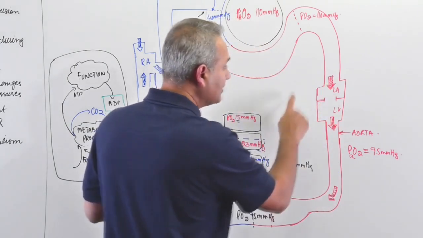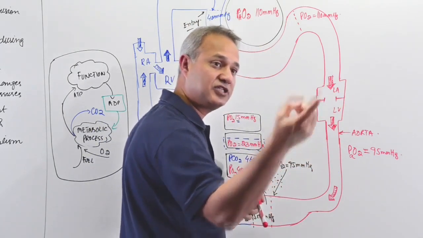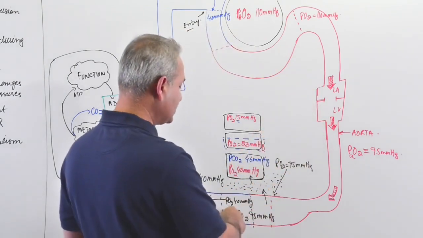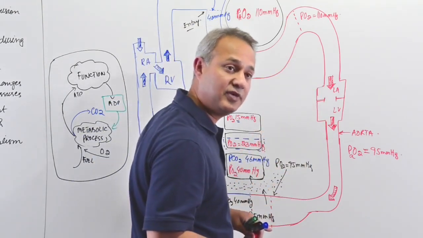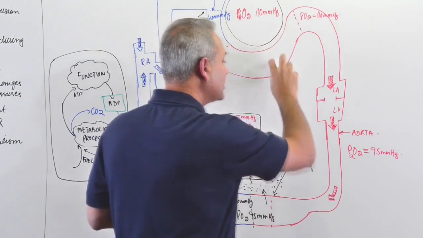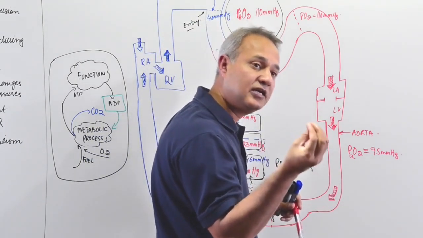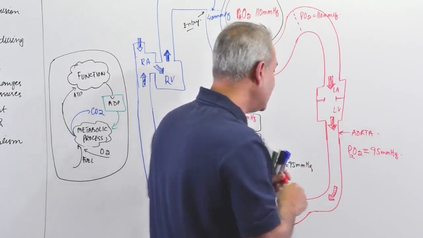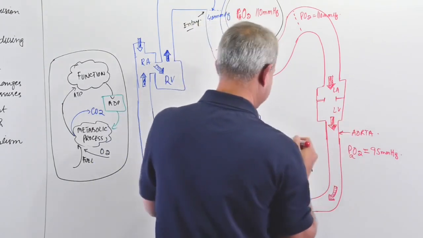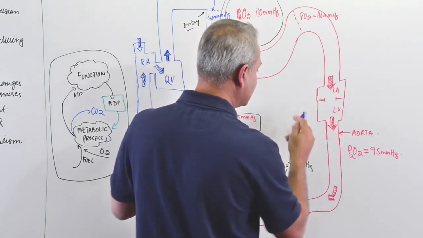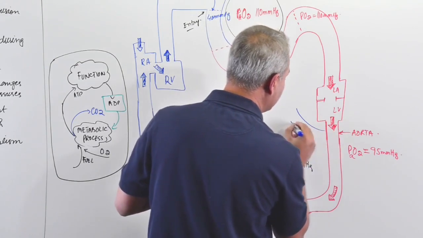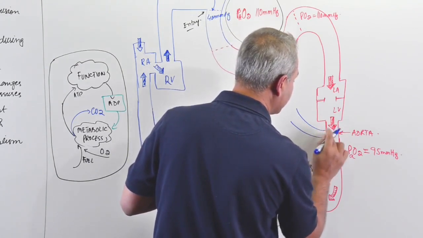That blood comes back, the venous part. What is the venous pressure in that blood? Same as the other venous pressures, 40 millimeter of mercury. That blood, when it comes and mixes, this is called venous admixture of the blood with the arterial blood. I'll just make a small representation. So this is the bronchial blood that is returning.